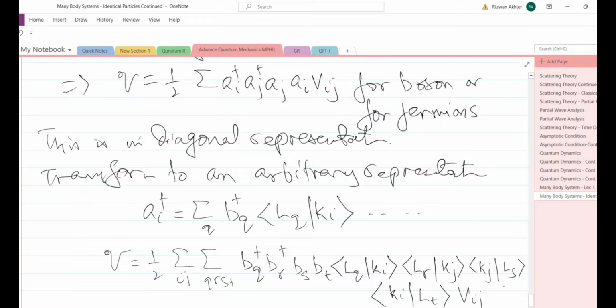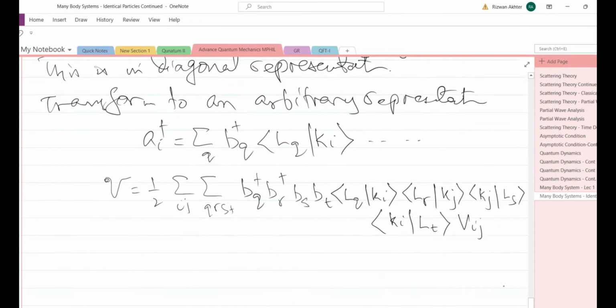And now, if we look at this quantity, if you start writing this quantity for i and j, again you can define the matrix elements of some operator.